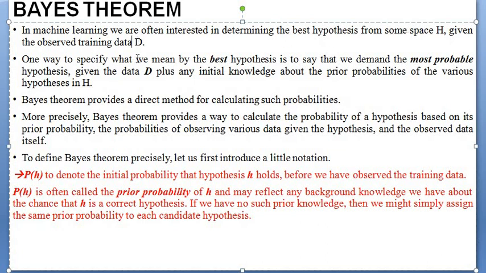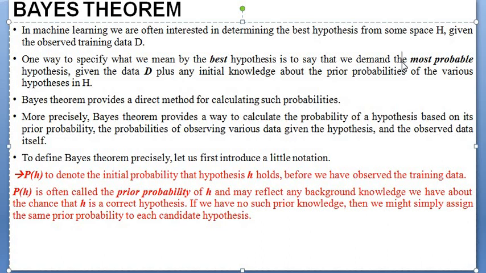One way to specify what we mean by the best hypothesis is to demand the most probable hypothesis. The most probable hypothesis is the hypothesis which gives you a good result, or the hypothesis whose probability value is very high on a given data.